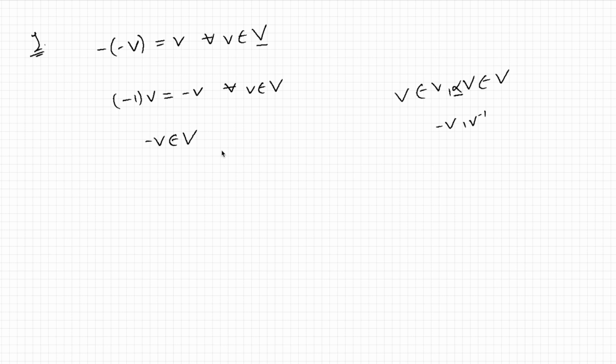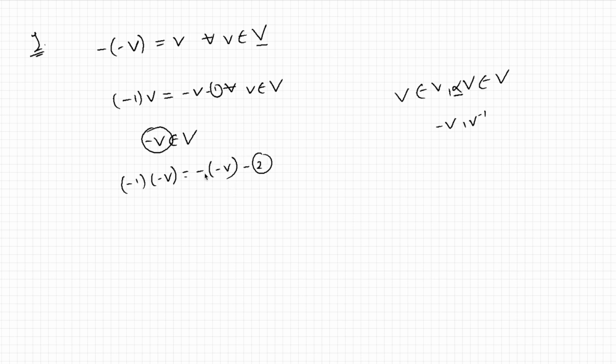Alright, since minus v also belongs to the vector space, this condition also holds true for minus v, right? So we can just replace v by minus v and this property will still hold. So let's do it. Minus 1 times minus v is equal to minus of minus v. Let's say the first equation was equation number 1 and this is equation number 2.